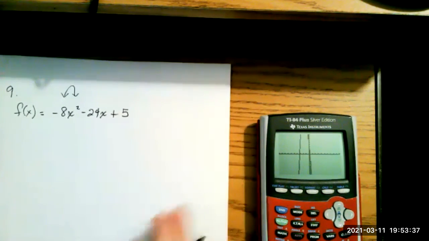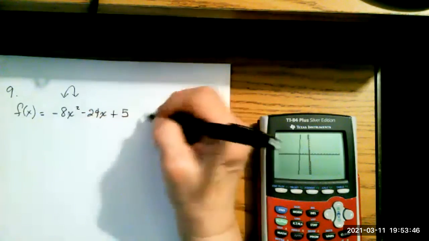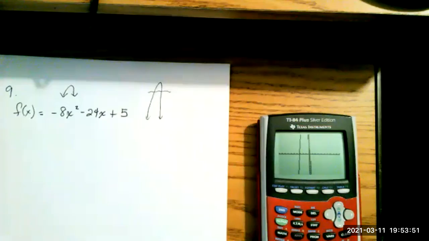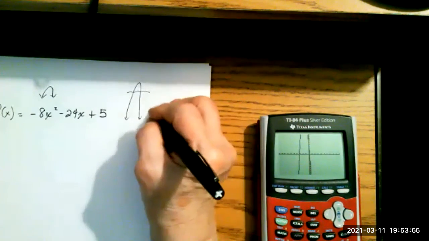So you can still do it by putting a point on the left and right of wherever the top of it is. I can see that it's probably doing this. I just can't see where the top of it is. But the nice thing to do is that you can change your window.